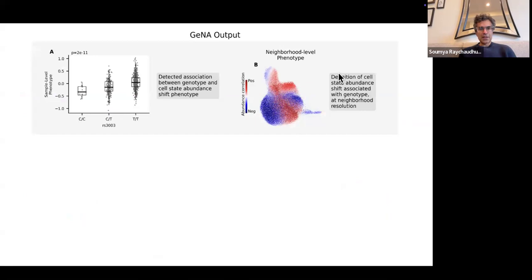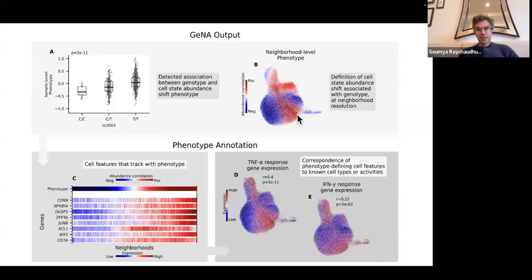Here's one SNP that we spent some time thinking about, and you can see that depending on which allele you have, if you have the TT allele versus the CC allele, you see an expansion of the red with the T. With more T alleles, you see an expansion of these red cell states in NK cells.